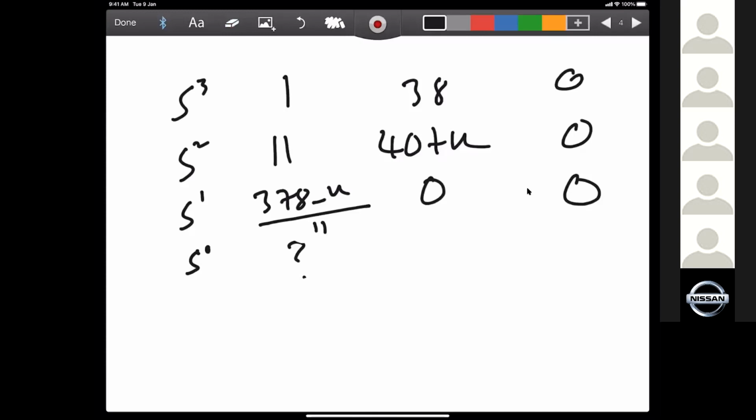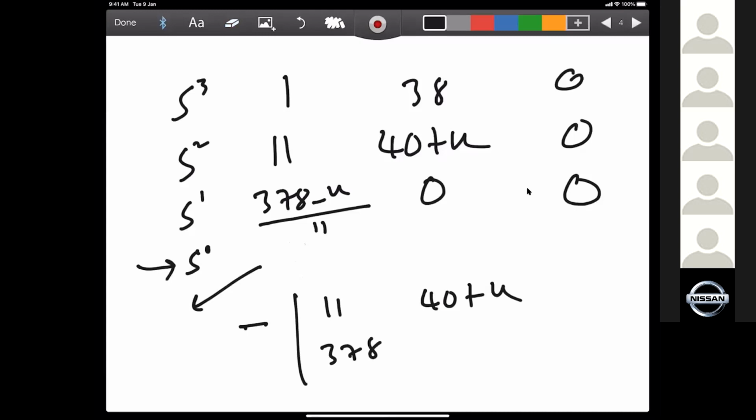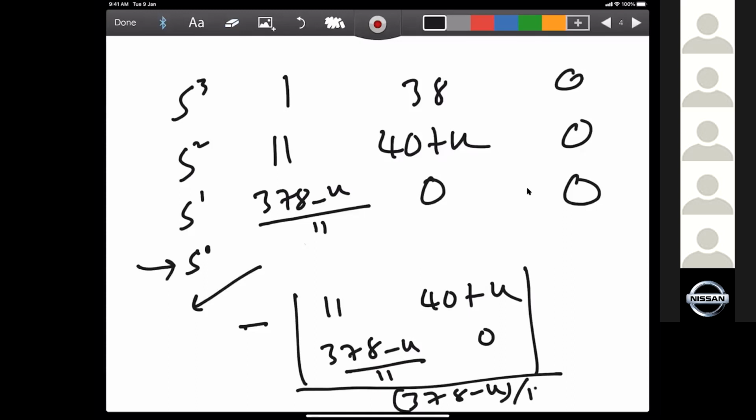Or until S plus 0? Until S plus 0? Yes. Okay. If until S plus 0, this one will become minus 11 plus K, 378 minus K divided by 11 is 0. So you can calculate this.